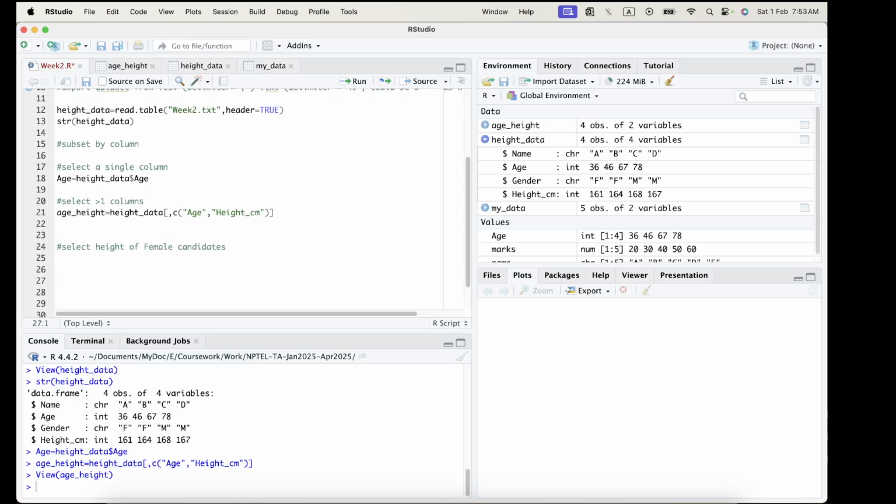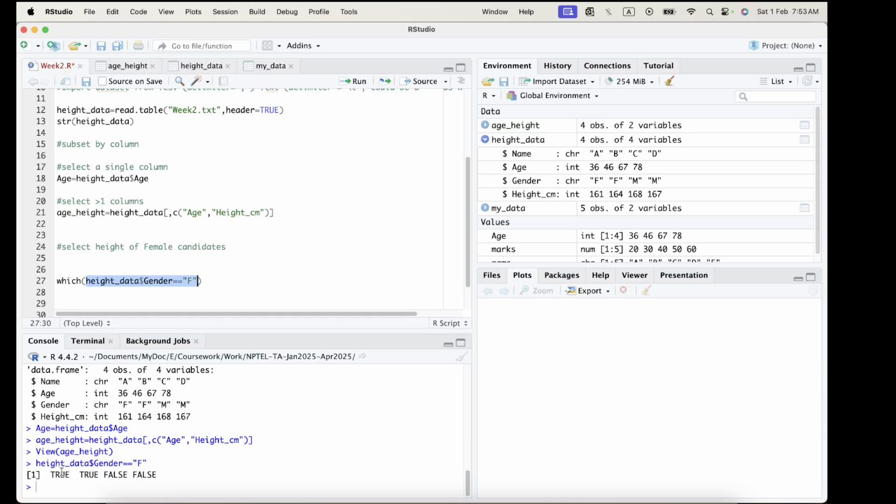So what I'm going to do is find out from the height data original column as well, which height data dollar gender is equal to f. Height data gender equal to f is going to return true wherever this condition holds true.